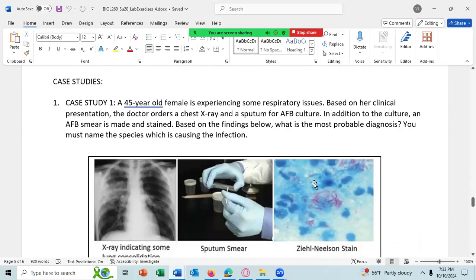There's 2 of them. Case study 1, a 45-year-old female is experiencing respiratory issues. Based on her clinical presentation, the doctor orders a chest x-ray and also does sputum for an acid-fast bacteria culture. So there's the chest x-ray.